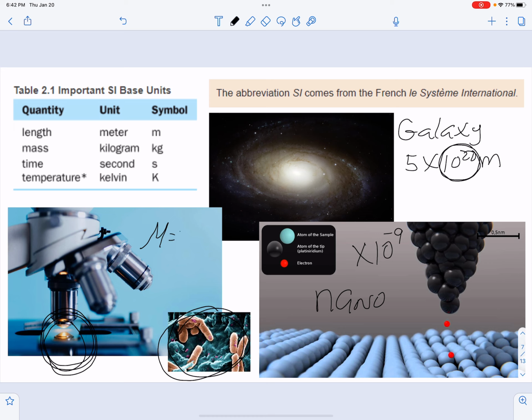Micro, that's what a microscope is named for, is 10 to the minus 6. And we can use those prefixes with any unit. It could be microseconds, it could be micrometers, and so on. So these symbols like nano, micro, kilo, they're just another way to simplify scientific notation. That's all it is.